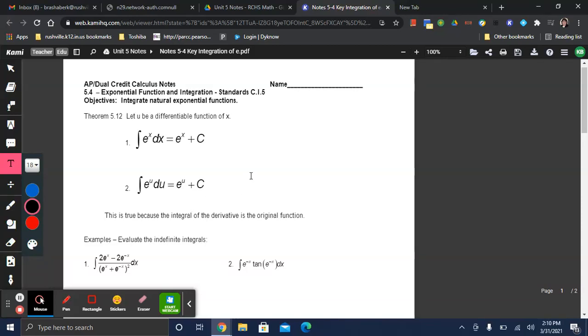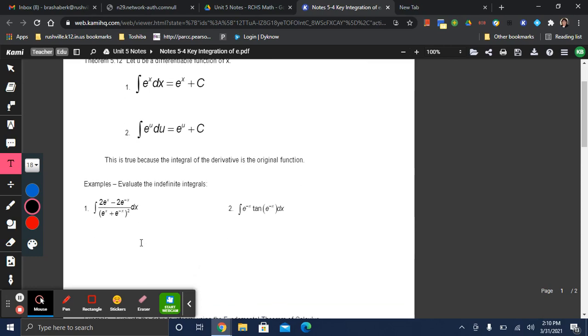Hello students, today we'll be working on doing the integral with exponential functions. So just like with the derivative, the antiderivative of e to the x is itself, e to the x. And if you have e to something other than just an x, then you'll need to use a u as we have done before.